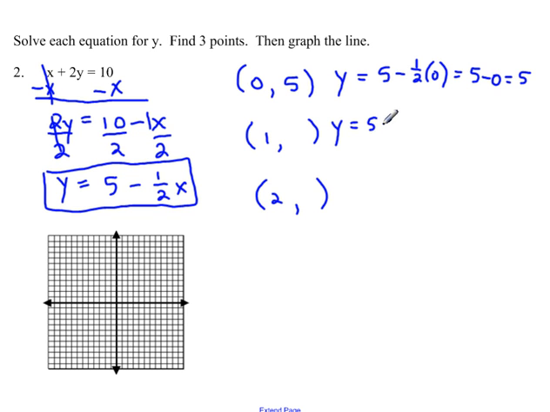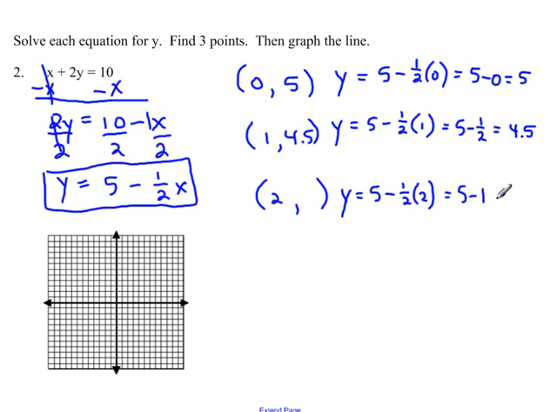Y equals 5 minus 1/2 times 1. Well, that's 5 minus 1/2. Remember, use the decimal value 4.5 so that you know where to put it on your graph. 4.5 is another point on the line. Plug in 2. 5 minus 1/2 times 2 gives you 5 minus 1, or 4.